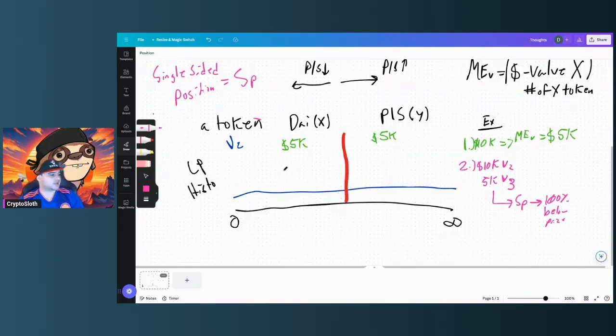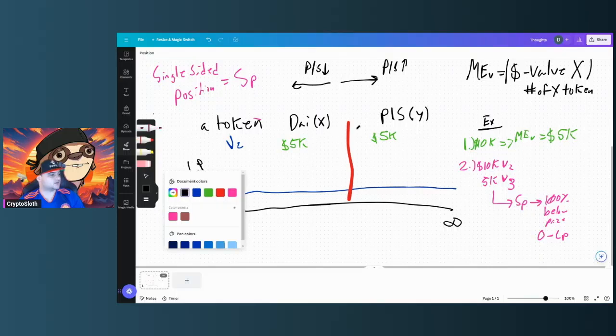So if we were to look at what that means, it's 100% below price, and it's from 0 to the current price. So current price, CP, which is this red right here. So this is CP, current price. And let's actually change that to black. That's going to make it a lot easier. So red, current price, black, CP. And CP equals current price.